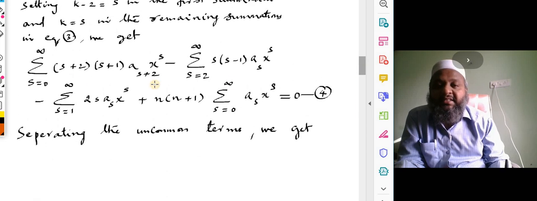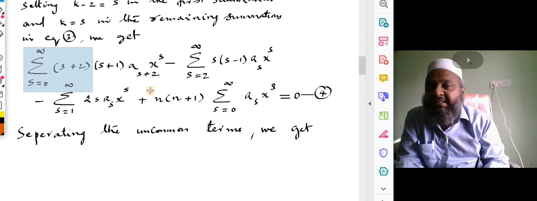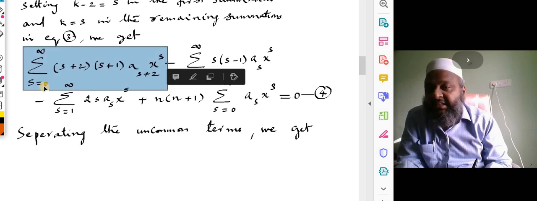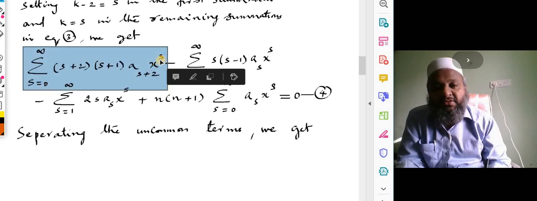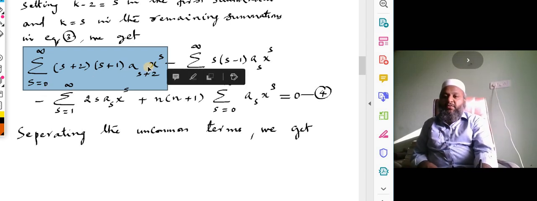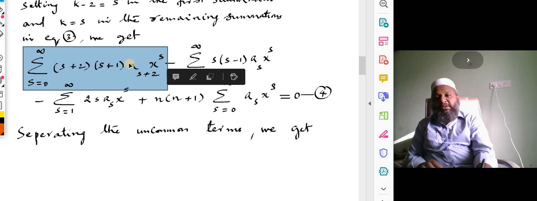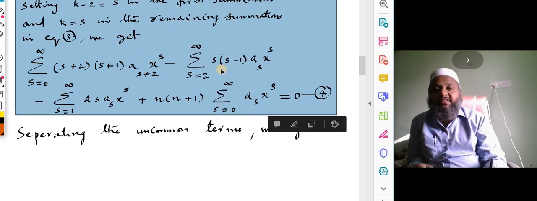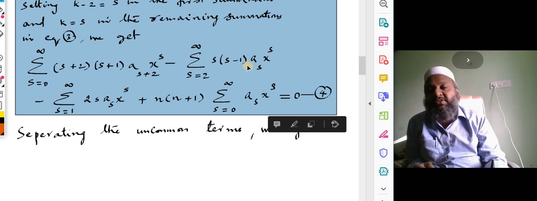Now if you look at this summation, when s is 0, x to the power of 0, the constant term will come. When s is 1, x to the power of 1. When s is 2, the x square term comes. So this summation contains the constant term, x term, x square and so on. Whereas if you look at this one, this summation contains only x square onwards.